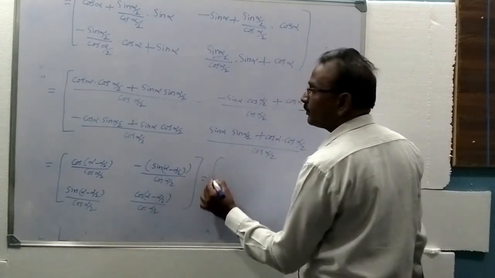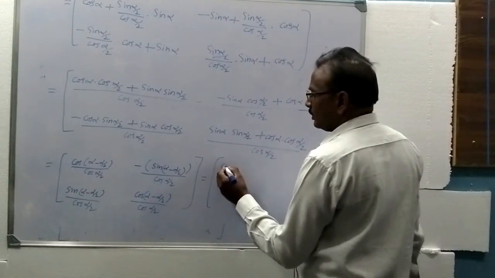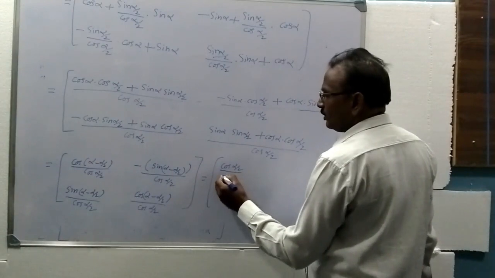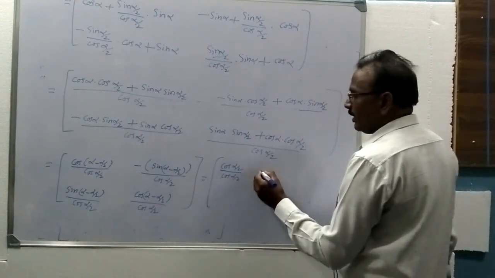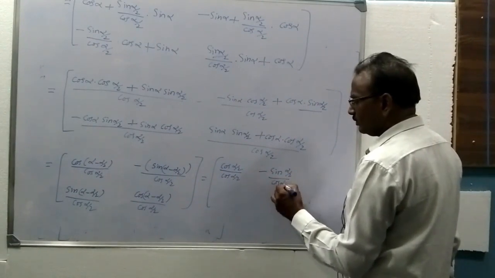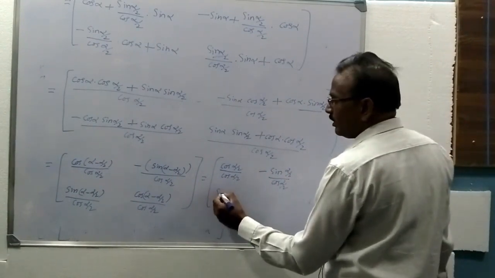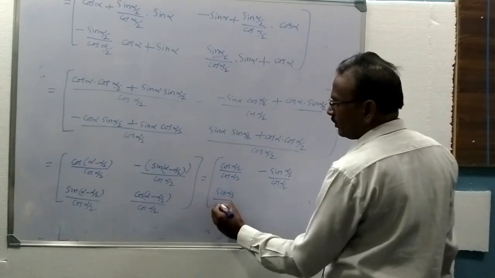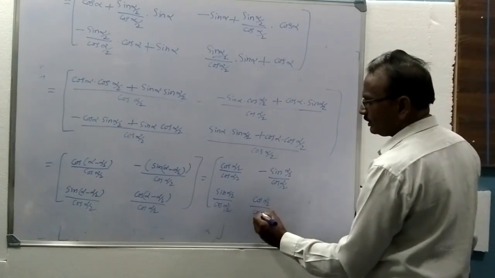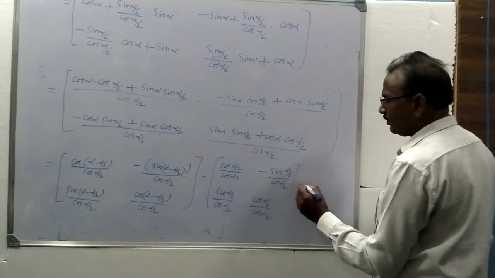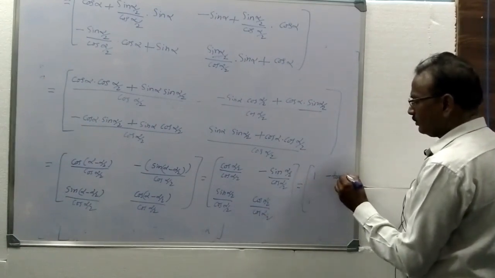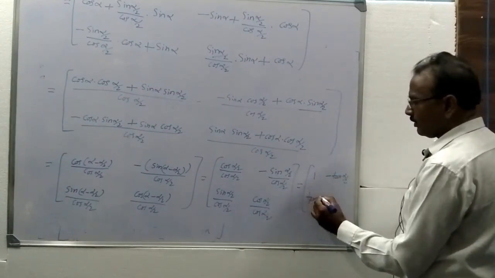So alpha minus alpha by 2 is alpha by 2: cos alpha by 2 divided by cos alpha by 2 minus sin alpha by 2 divided by cos alpha by 2. After simplification, this is 1 minus tan alpha by 2.